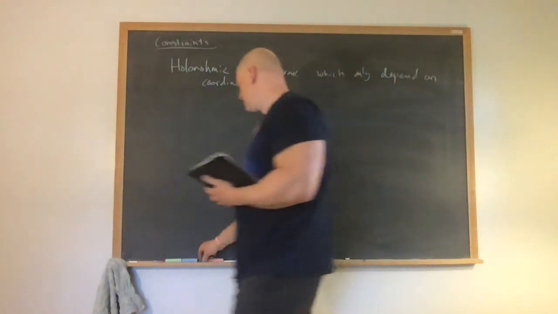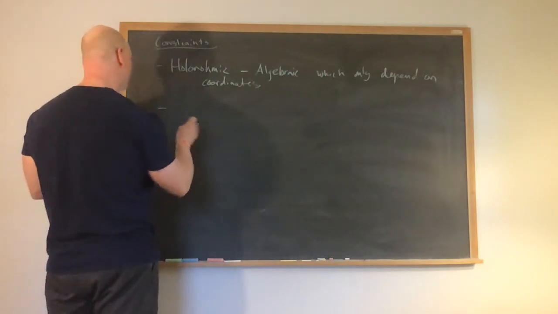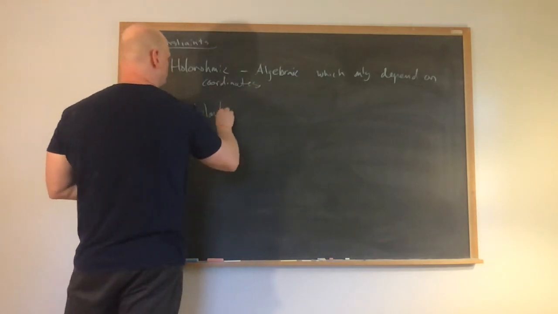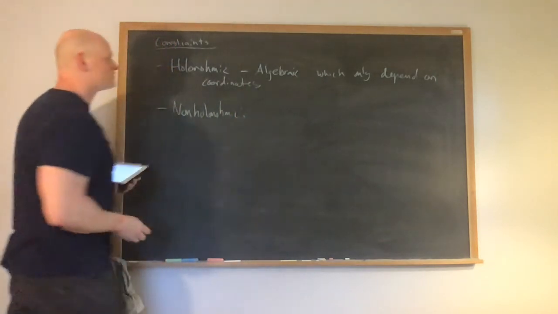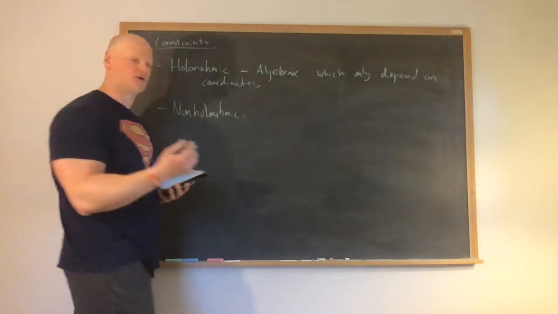Another type of constraint we'll see a lot is what's known as a non-holonomic constraint. These are constraints that depend not only on the coordinates themselves, but on the velocities of the coordinates as well.